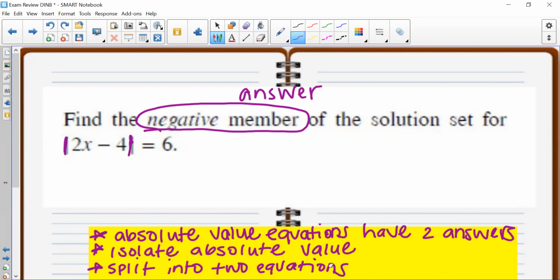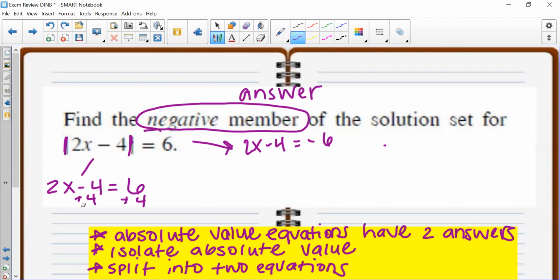So the first equation is exactly what it says without the absolute value, 2x minus 4 equals 6. And then the second equation, the absolute value stays the same, but this time, remember, it's equal to the negative 6, negative answer. And then you solve both equations separately, and you'll get your two answers.